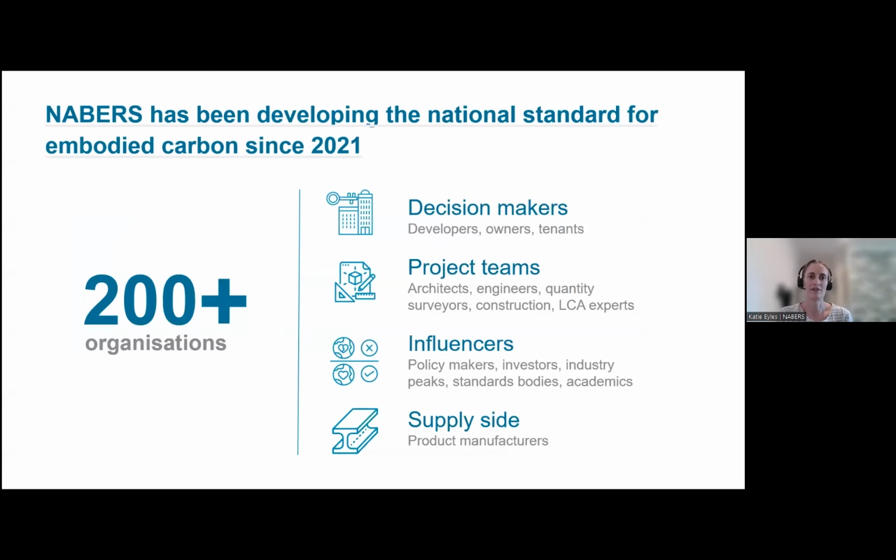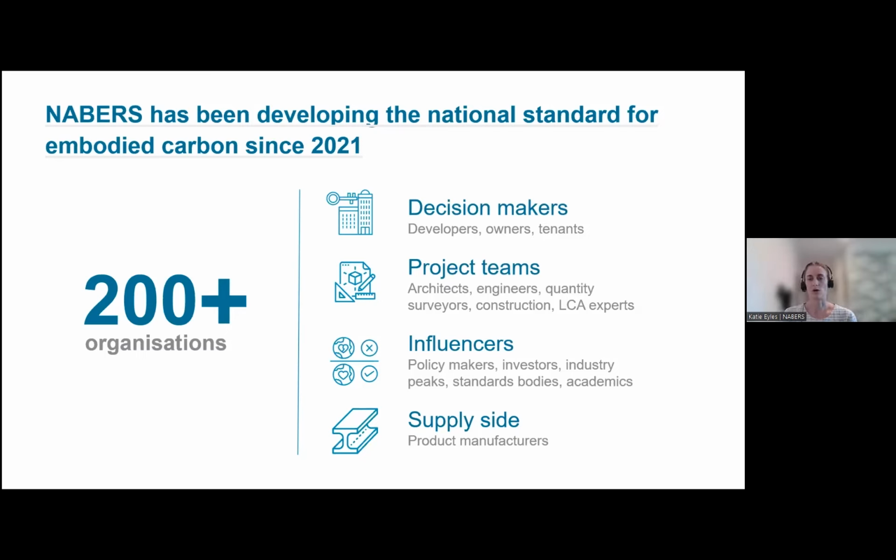So what have we been doing to get started in this space? We've spent the last couple of years working with hundreds of people from hundreds of organizations across the building industry. So everyone from developers, owners, architects, engineers, policymakers, investors, and also the supply side, product manufacturers.